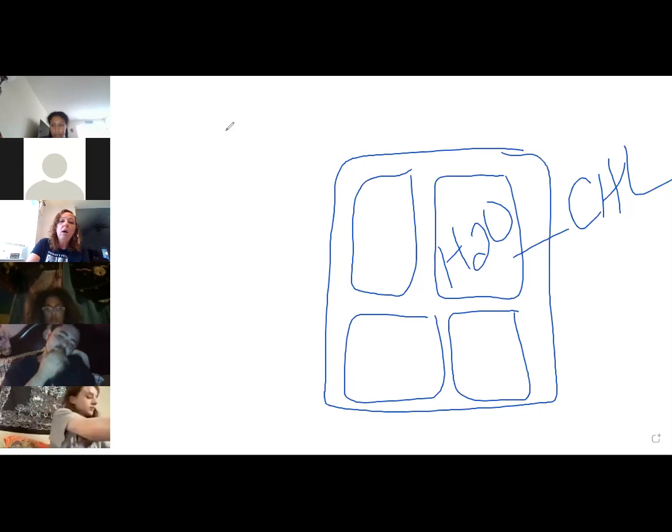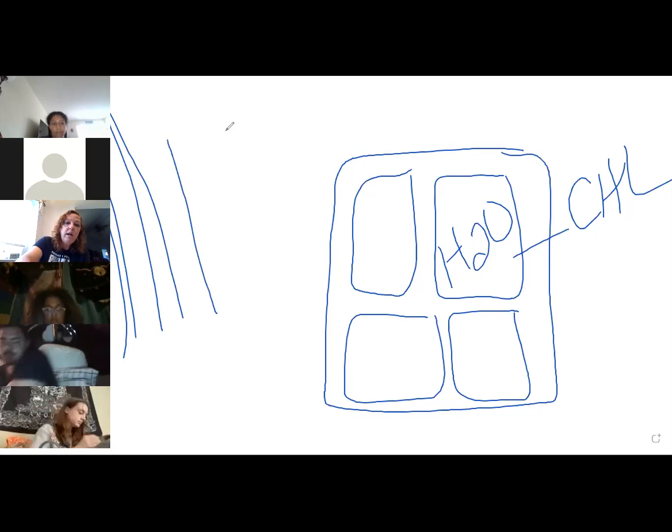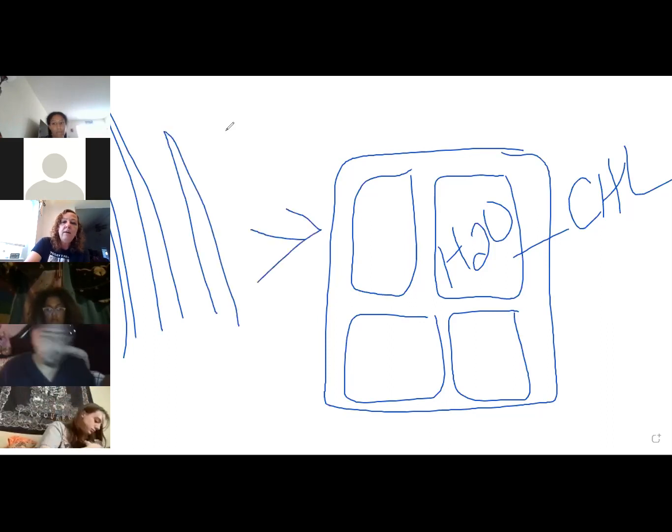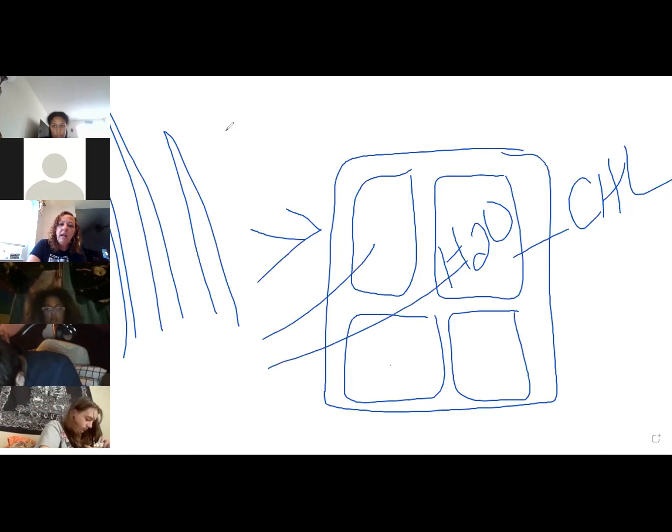Well, now I have a wheatgrass frond, and this is one of the cells. And when I take that wheatgrass frond and I squeeze it, all I'm doing is rupturing and having this plant water drain out.